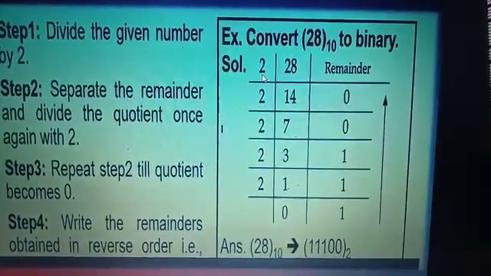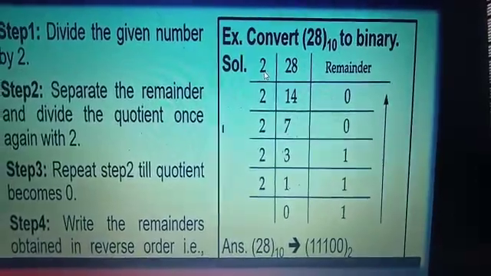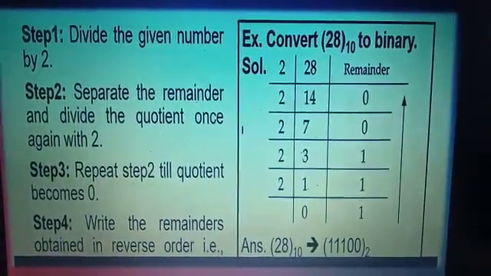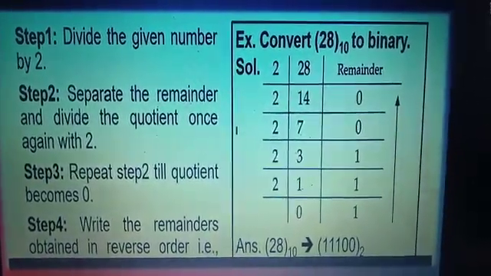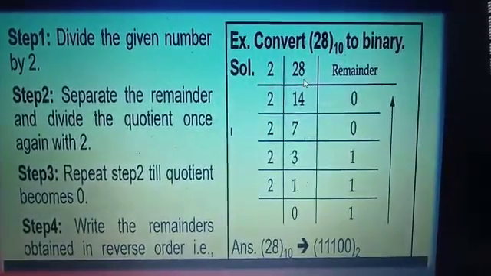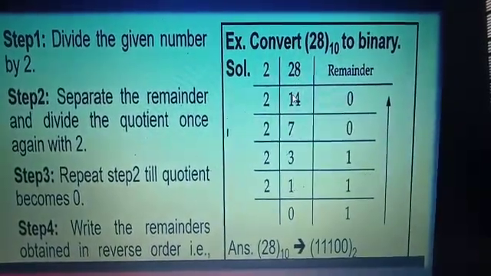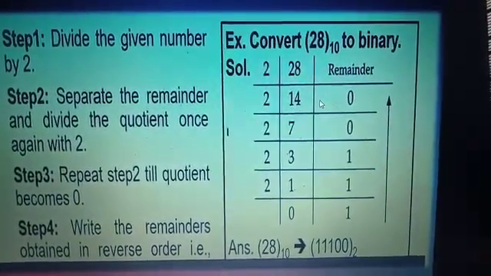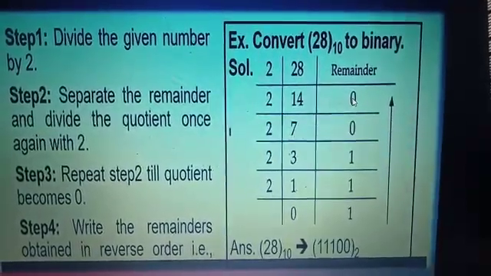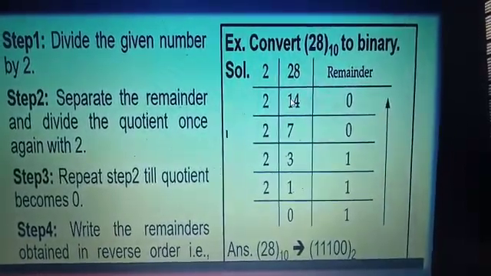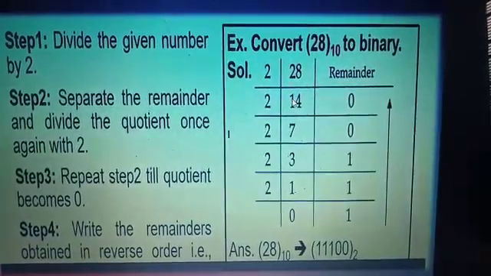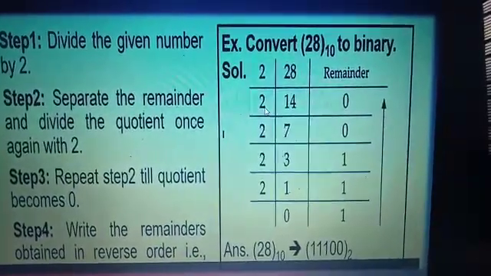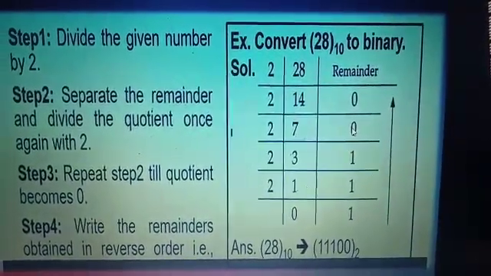And step 2, separate the remainder and divide the quotient once again by 2. See that when you divide 28 by 2, you get the remainder 0 and the quotient 14. Now again when you divide 14 by 2, you will get the remainder 0 and quotient is 7.